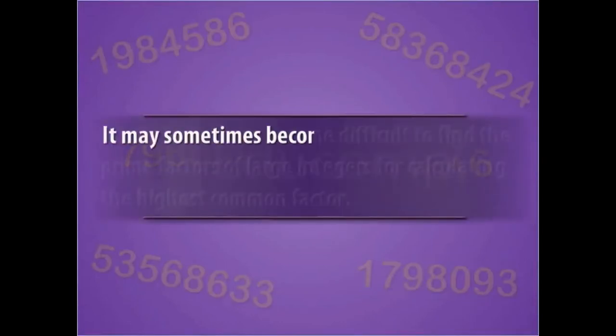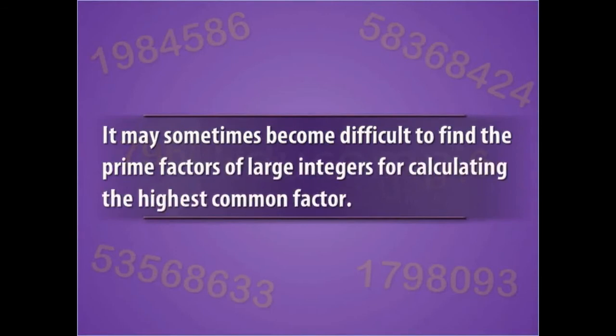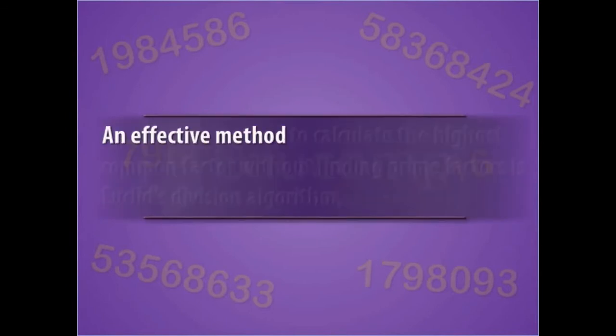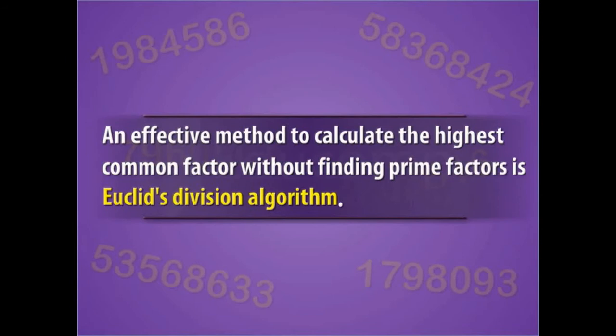It may sometimes become difficult to find the prime factors of large integers for calculating the highest common factor. An effective method to calculate the highest common factor without finding prime factors is Euclid's division algorithm.